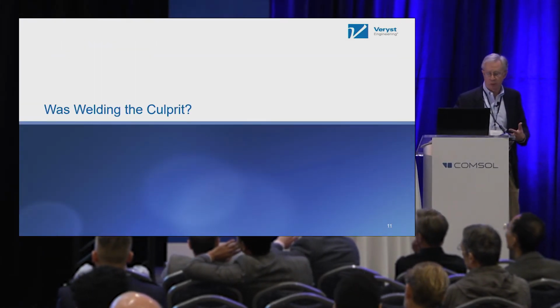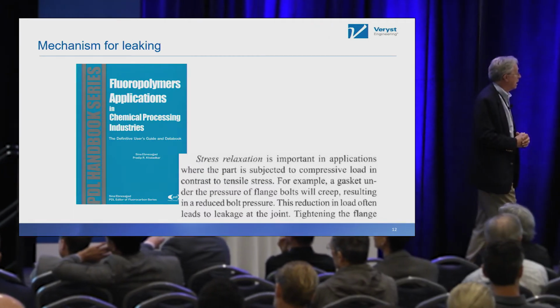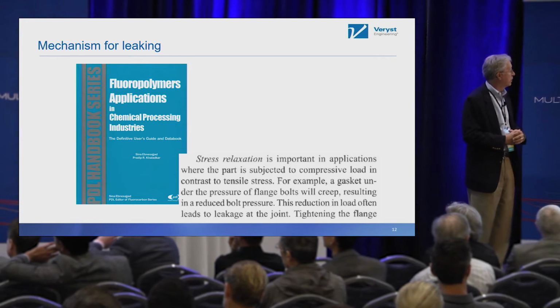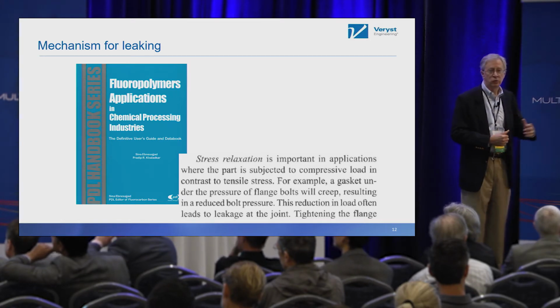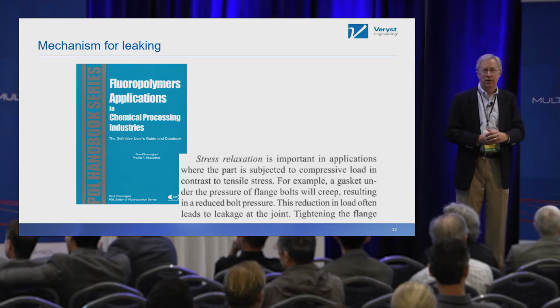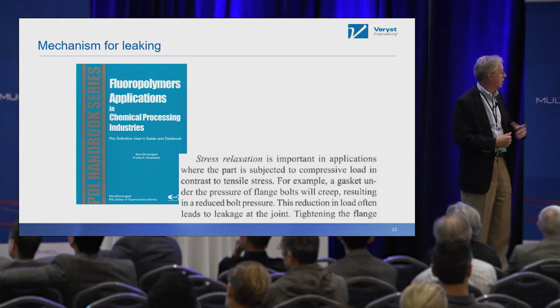So the question was, was welding the culprit? This is a passage from one of the leading texts on fluoropolymers. Actually, Jorgen Bergstrom and I authored the chapter on mechanical analysis of fluoropolymers in this, but this is not from that chapter.